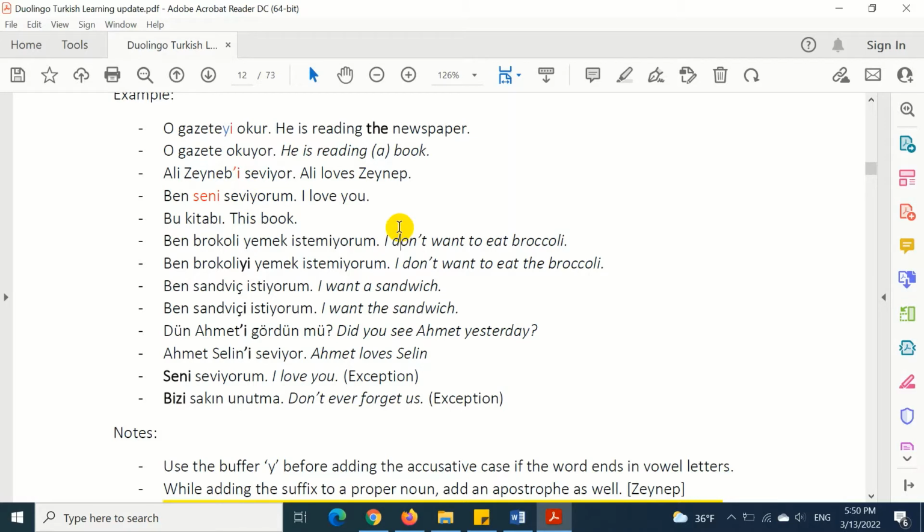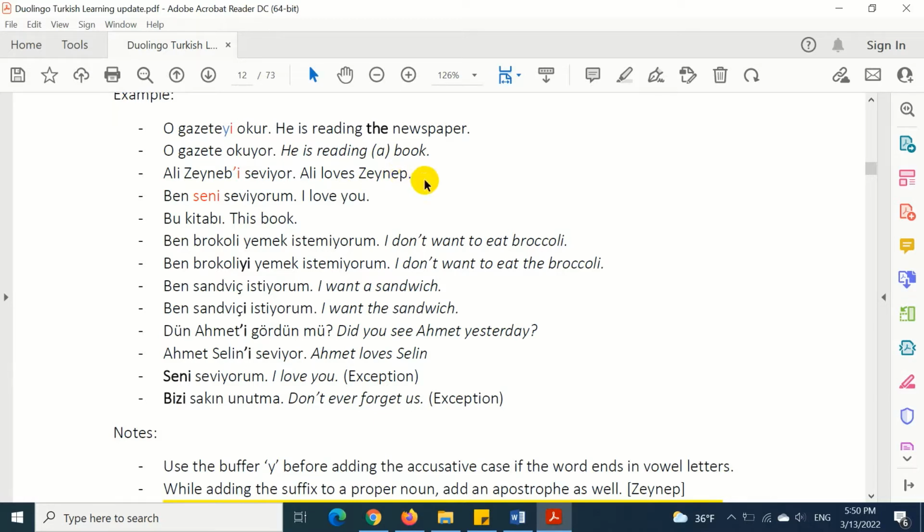And similarly, still referring to the previous lesson, actually the main form of this noun is Zainab, ending with P. But I told you that when a noun ends in the hard consonants, specifically K, T, Ç, P, you change them as well.